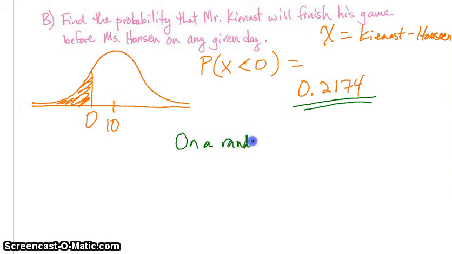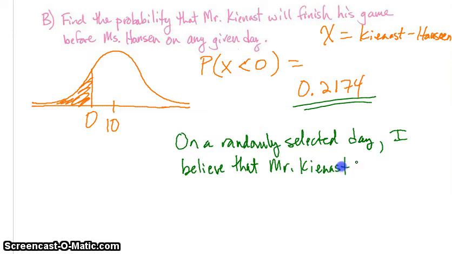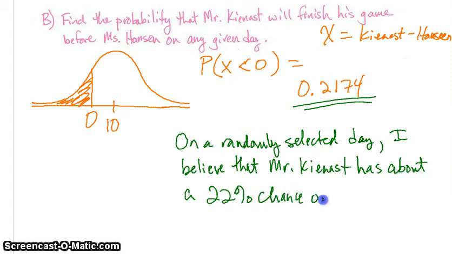On a randomly selected day, I believe that Mr. Keenest has about a 22% chance of finishing before Miss Hanson.